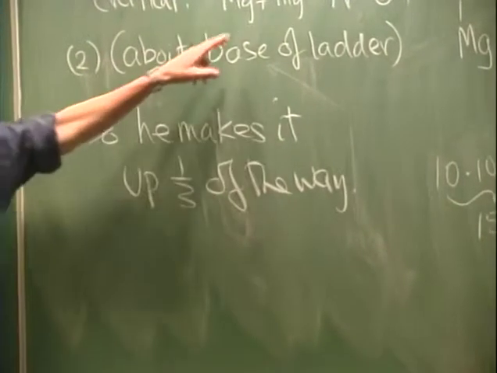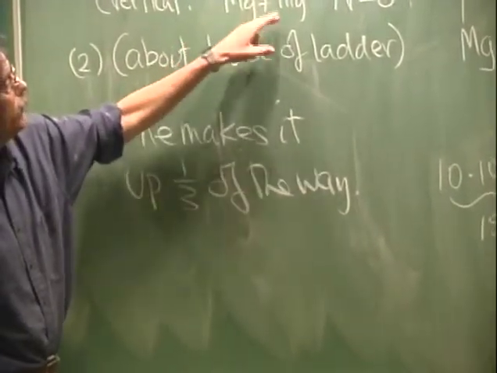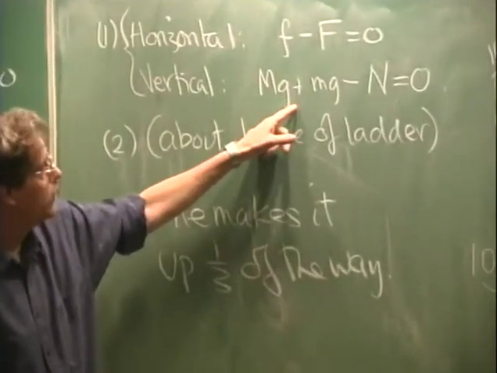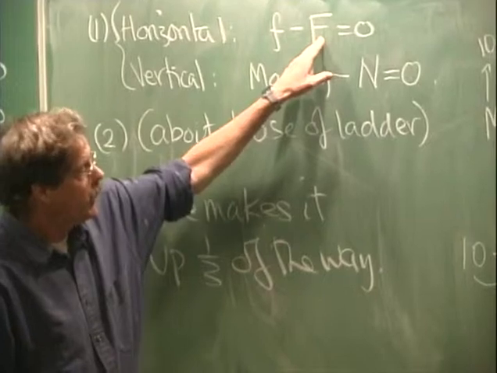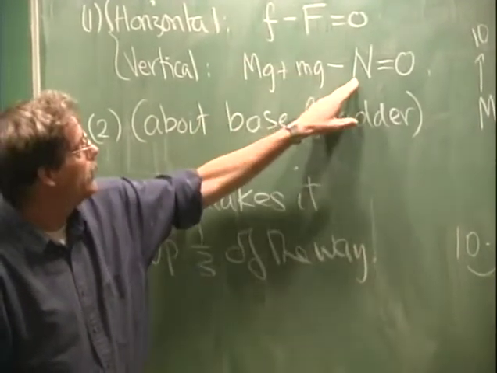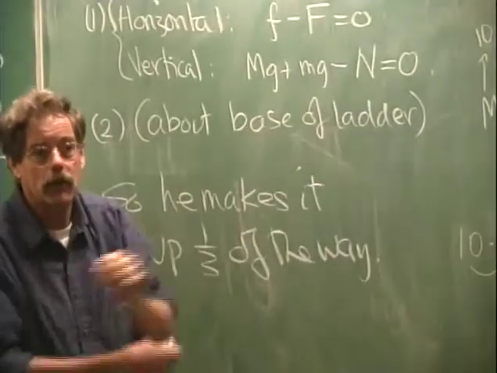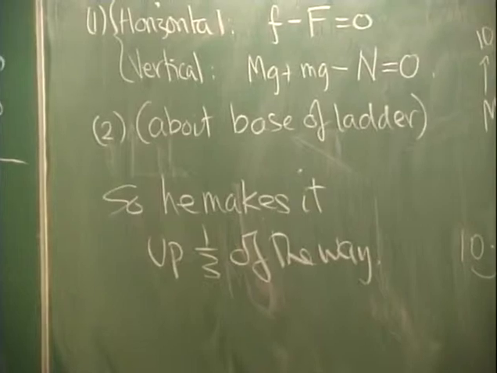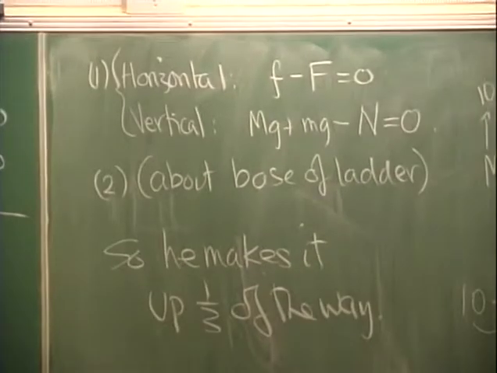If you now needed to know what the forces exerted by the ladder on the ground, or by the ground on the ladder are, you could put in what F is, 225 newtons here. You could find the frictional force, and from this equation you could get what the normal force is too. But we're done as far as this problem is concerned.